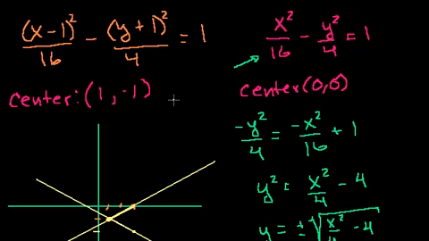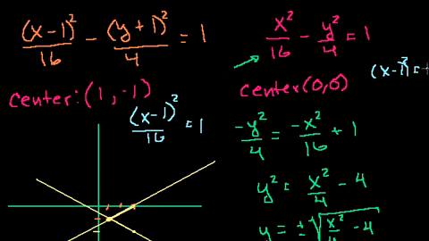So when y is equal to negative 1, you're left with x minus 1 squared over 16 is equal to 1. I just canceled out this term because I'm saying what happens when y is equal to negative 1. You multiply both sides by 16, you get x minus 1 squared is equal to 16.